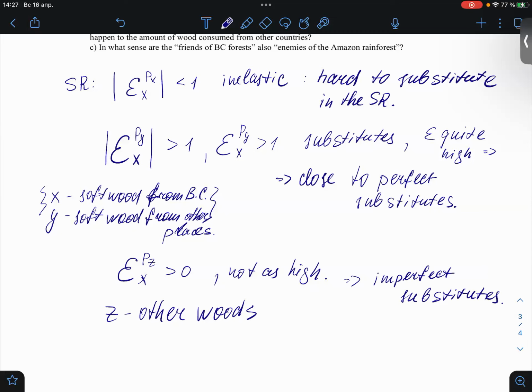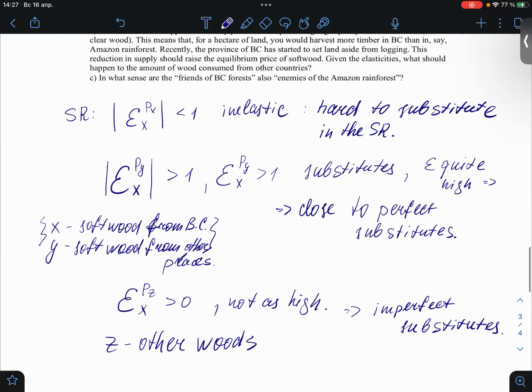So these two materials are not similar. Yes, but softwood from British Columbia and softwood from other places are the same material. So the cross-price elasticity is quite high. Okay.